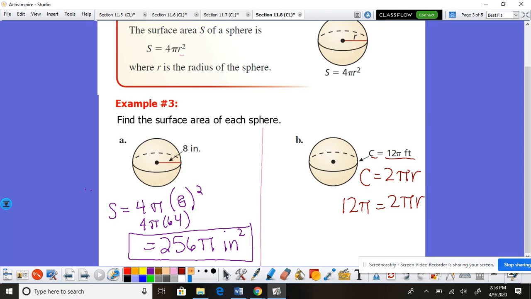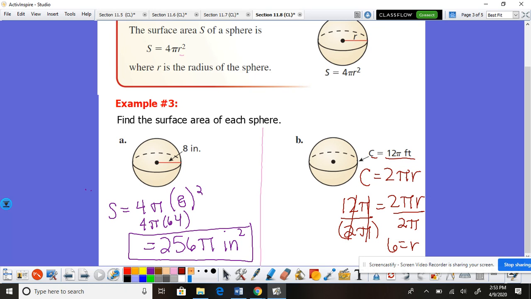This is actually pretty simple. To get r by itself, I want to divide by 2 pi, divide by 2 pi. Remember, if you're putting this in your calculator, make sure you put it in parentheses, or you could just see that those go away. 12 over 2 is 6, so you get 6 equals r.